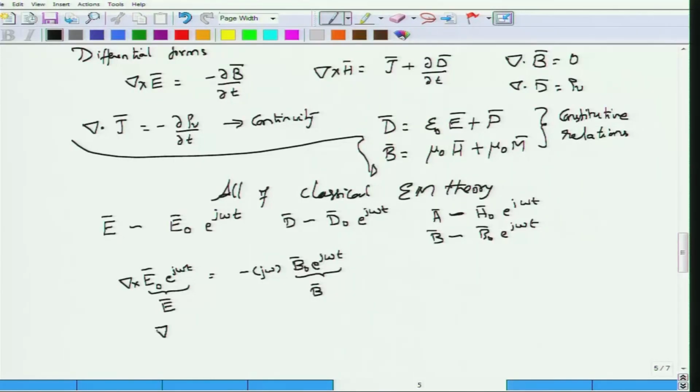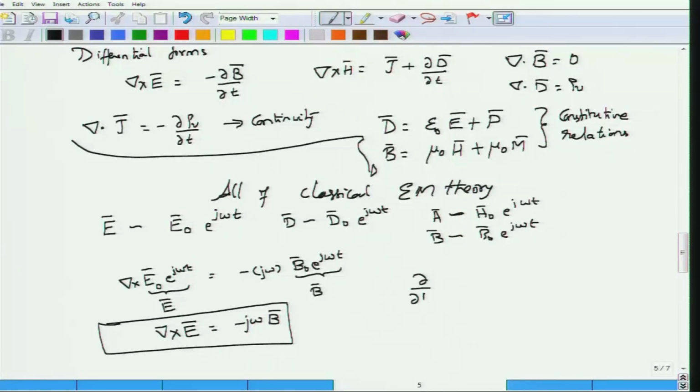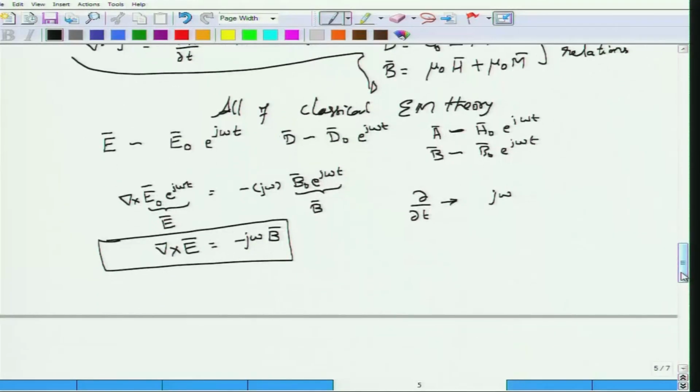So, the curl equation actually becomes minus j omega B, with the understanding that the electric field is pointing in a direction given by the vector E0, and it is varying with respect to time as a sinusoidal or cosinusoidal function of frequency omega. So, what has really happened is we have replaced the del by del t operator by multiplication by a factor of j omega.